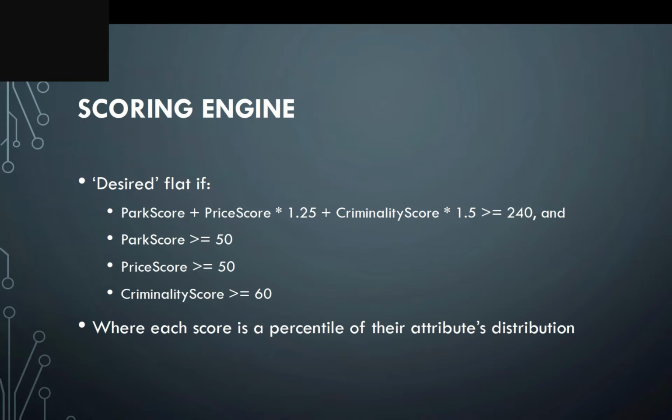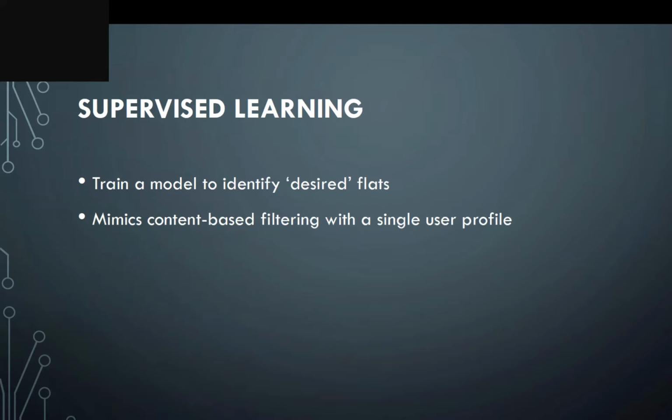Once we have this flag in our data, we feed it as an input to the neural network and try to teach it what a desired flat actually means in our case. So we train the model by identifying those desired flats and then try to predict which flats have the desired property.